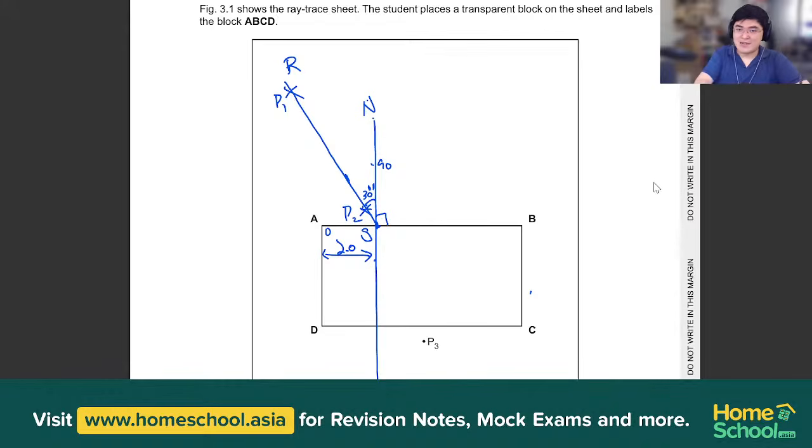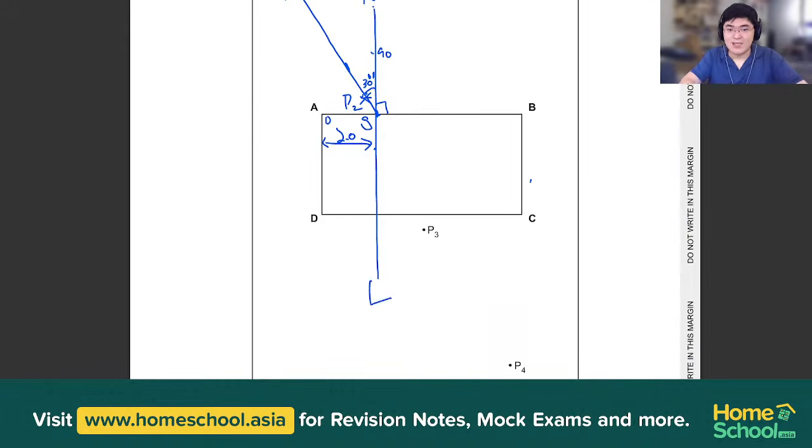The marker of your paper will put their projector on here and check if this is 30 degrees away from the normal. The second mark is if your P1 and P2 are about 5 centimeters apart. So just make sure your P1 and P2 are far enough. Okay, so far so good?